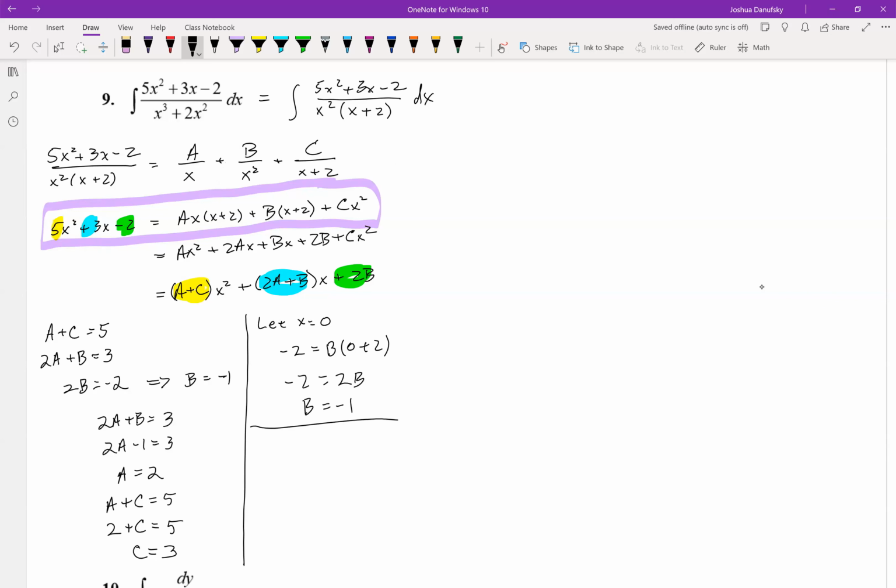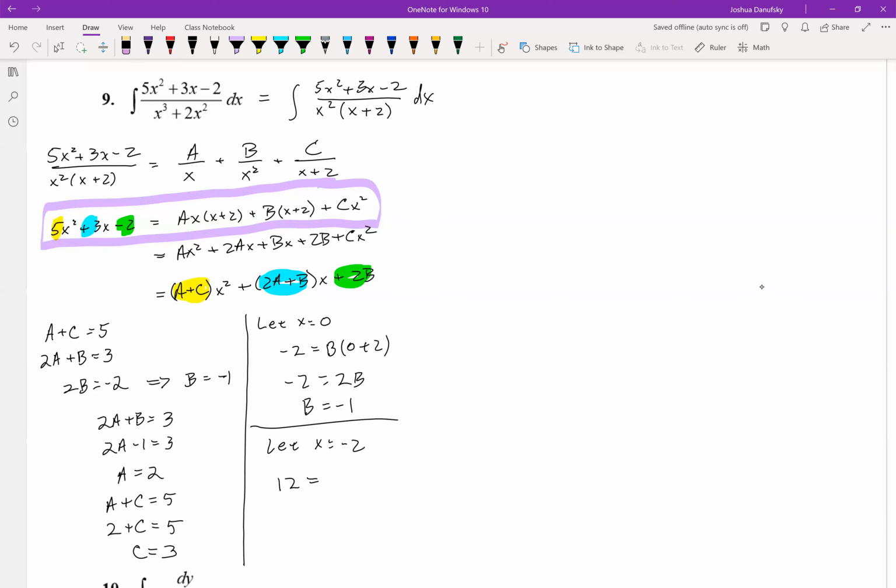From there, if we let x equal negative 2, on this side, we're going to have 5 times 4, because we're squaring the negative 2, so that's 20, minus 3 times negative 2, which is a negative 6. So 20 minus 6 minus the negative 2 is going to give us 12 equals.